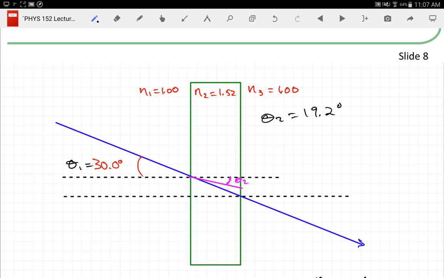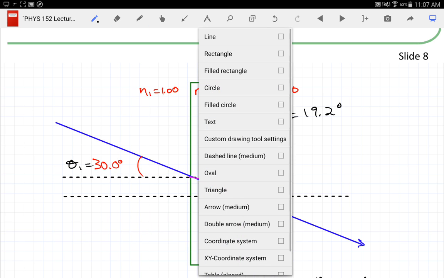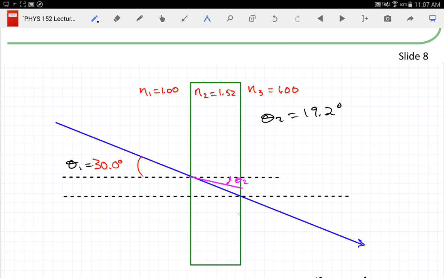Now I have that angle theta 2. I have a new place where the light is hitting, right? My second set of normals was a foolish thing to do because it's the wrong place, because that's not where the light is really going to exit. It's going to exit over here. So I will make a corrected surface normal that goes here.